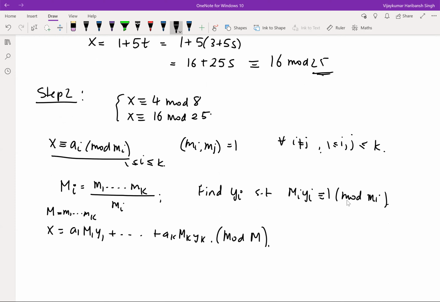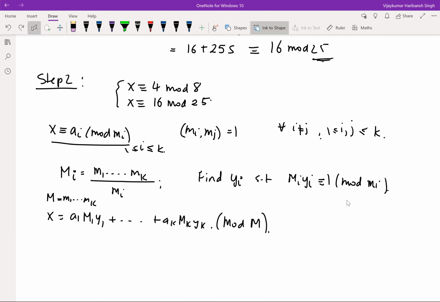So now we want to find the solution modulo 8 times 25, which is 200. First we take a1 is 4, m1 is 8, a2 equals 16, m2 equals 25.